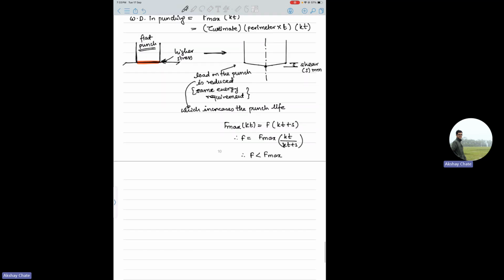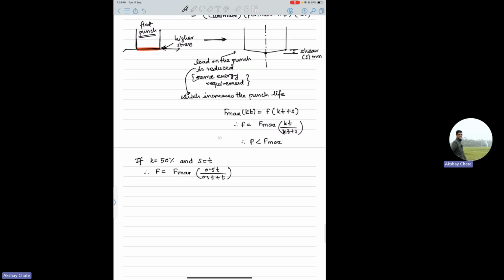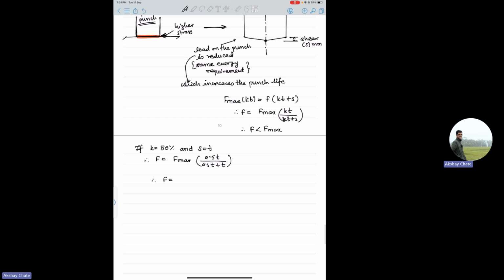For example, if K is, let's say, 50%, so you are traversing only half of the thickness, and let's say you provide a shear equal to T. In that case, your F becomes F max into 0.5T by (0.5T plus S), where S is equal to T. So in that case, you need to provide only 1/3 of the punch load.